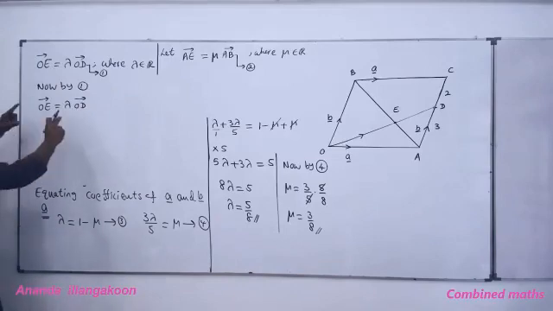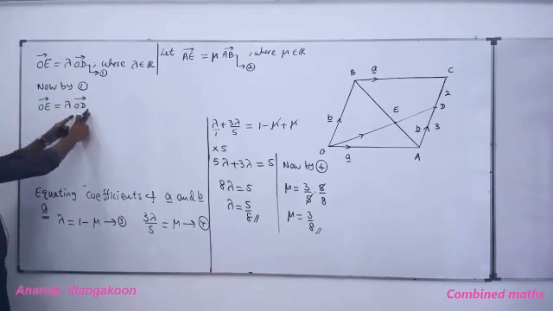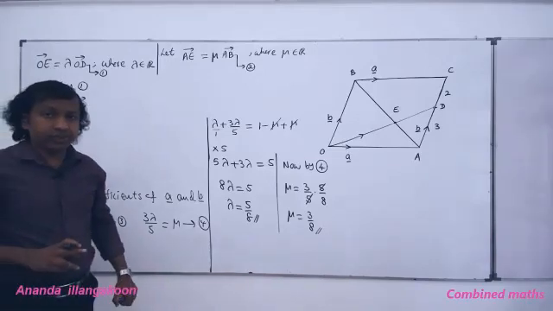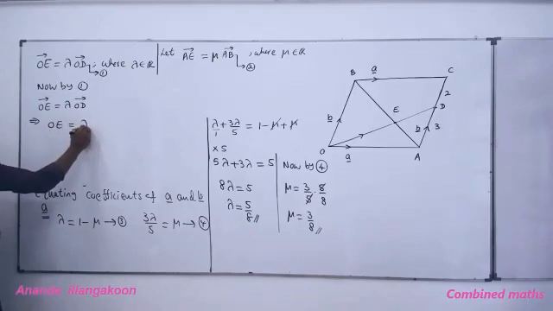Here I'm going to eliminate the vector. When two vectors are equal, the left and right line segments are equal in length. So the left hand side length OE is equal to lambda times OD.